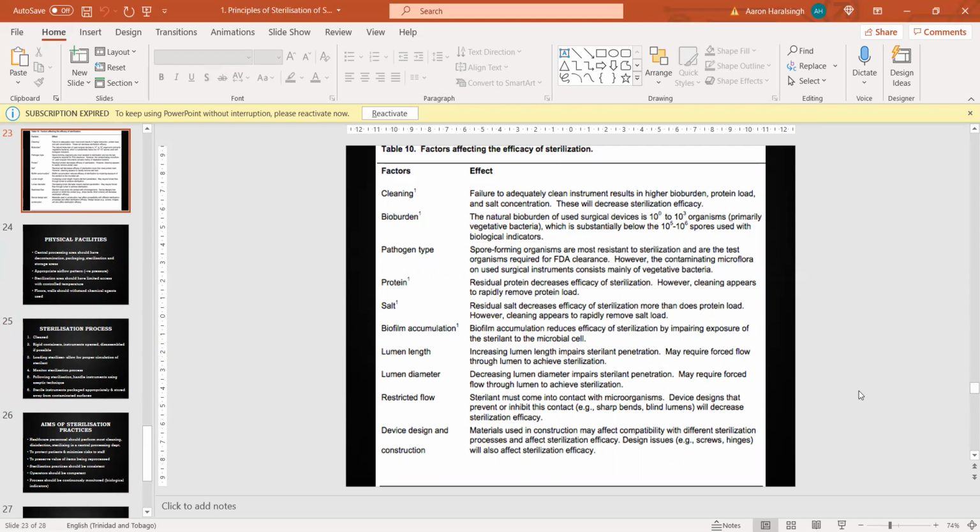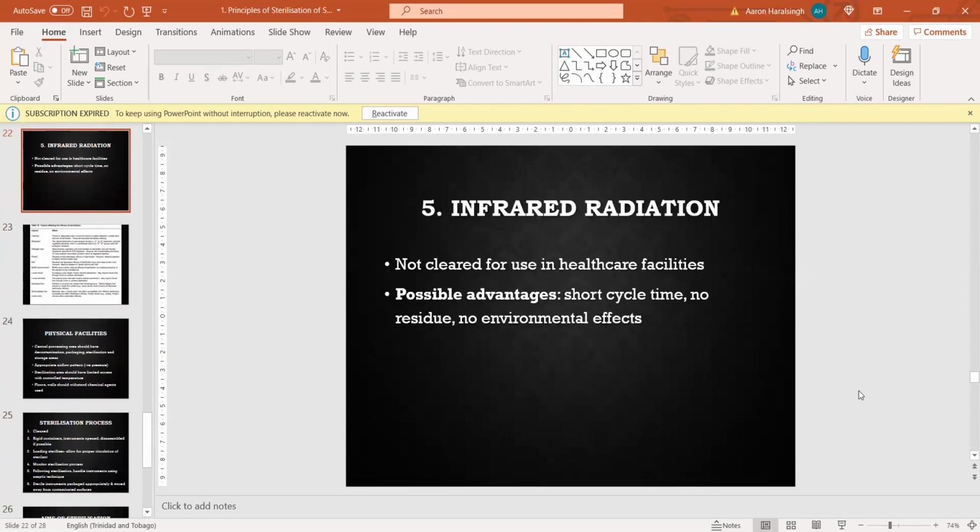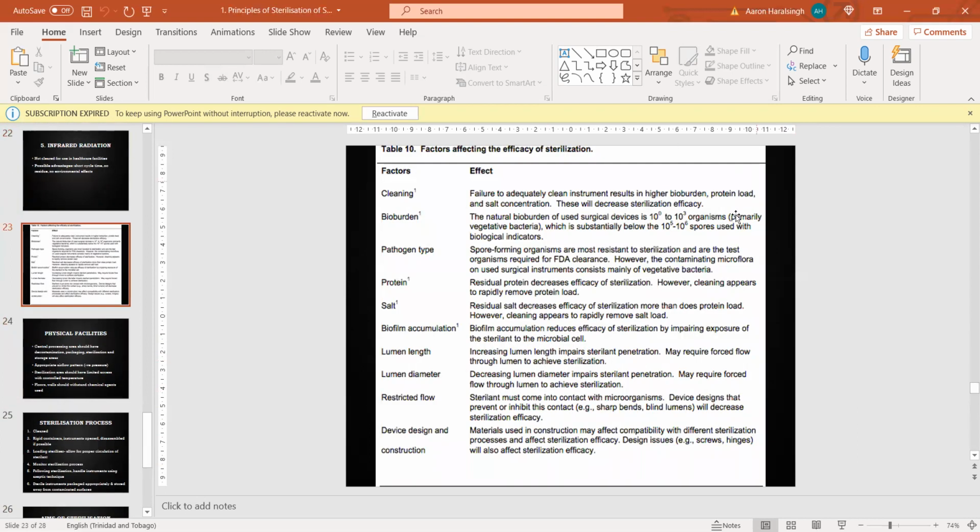In terms of the factors which affect the efficacy of sterilization, of course, if the cleaning process is not properly done, then that leads to some problems because there's a higher bioburden, a higher protein load, and a higher salt concentration, and that will decrease the efficacy of sterilization.